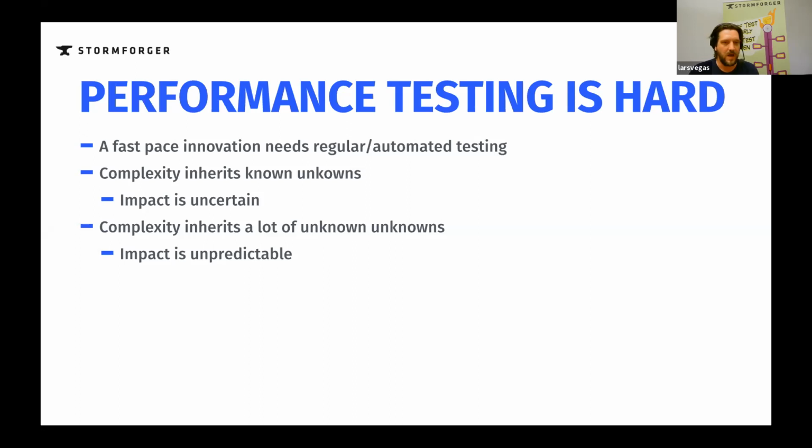But with the complexity I was talking about in the very beginning, it also inherits a lot of unknowns, which means the impact of what can happen is simply unpredictable. And this is bad, especially in an organization that is fast moving, has several deployments in a short term, uses the cloud, uses different services from cloud providers, or just has a complex ecosystem at all.